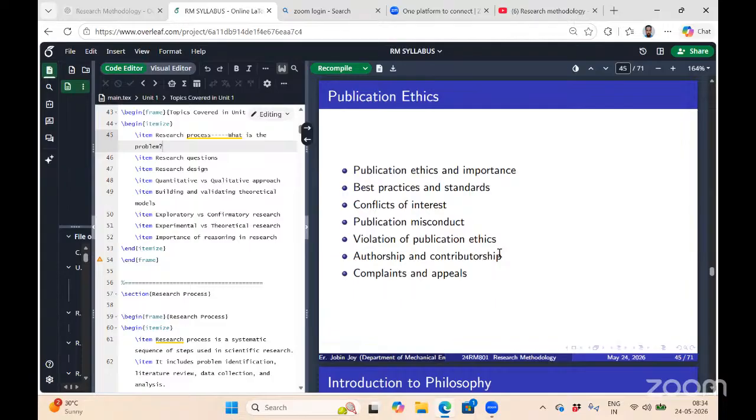For example, a researcher is doing a particular research and it is funded by a pharmaceutical company, and this company is funding this researcher. When the researcher is publishing the outcome, he will be reporting results favorable to that company.